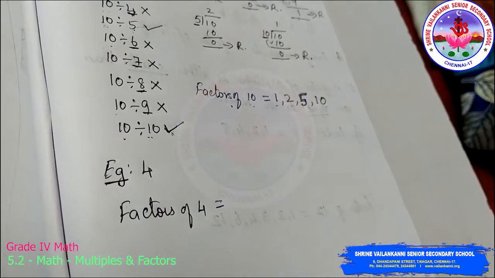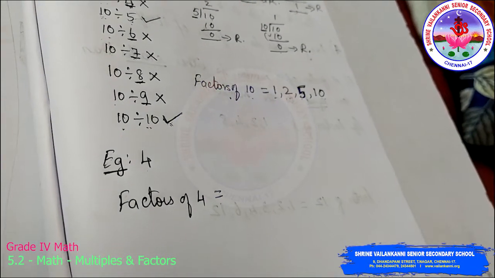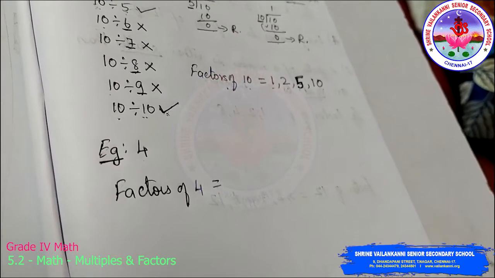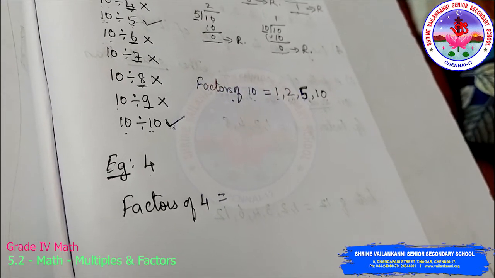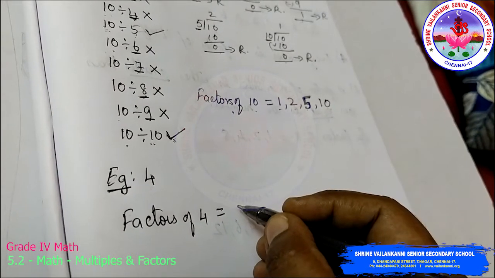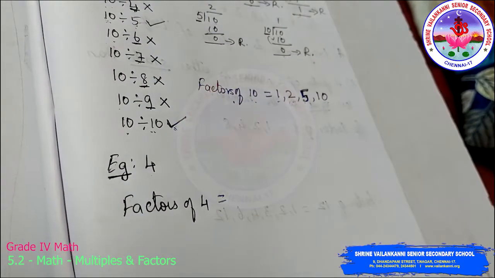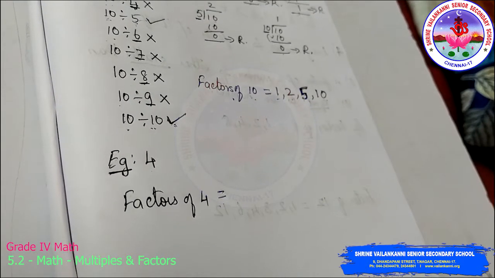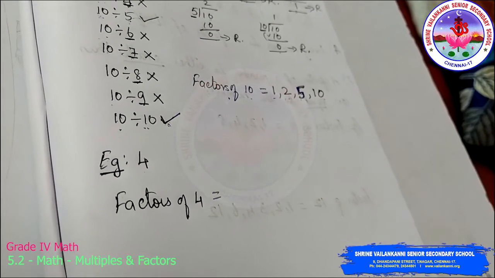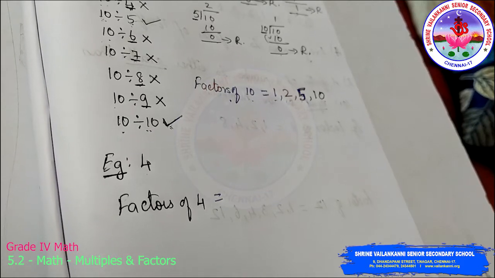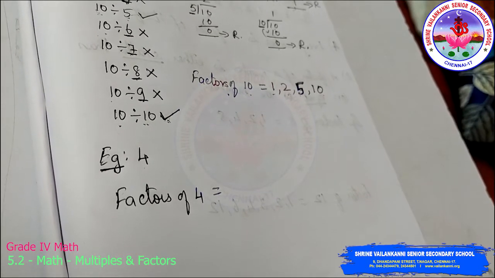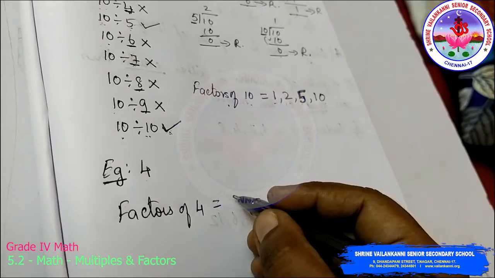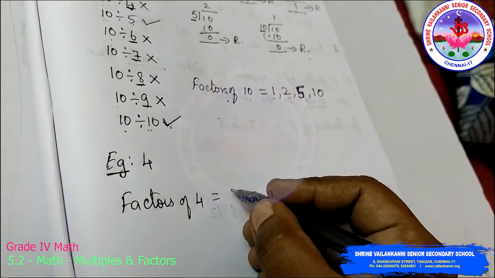Whenever you are going to find the factors of any number, first start with 1, because 1 will be your smallest factor of all numbers. 0 cannot be multiplied or divided. If you divide or multiply with 0, you will get 0 itself. And that is why I am asking you to consider the 1.